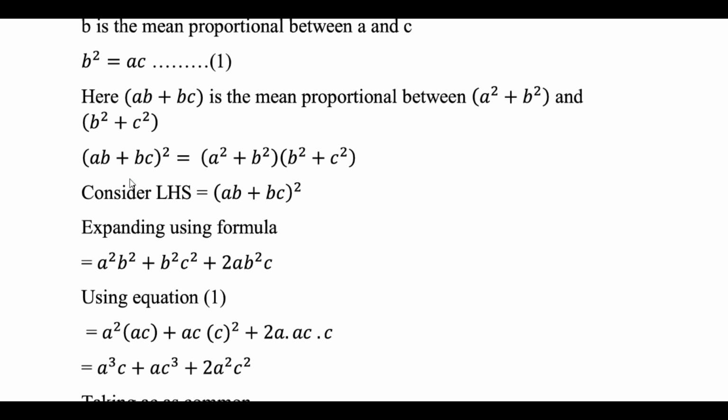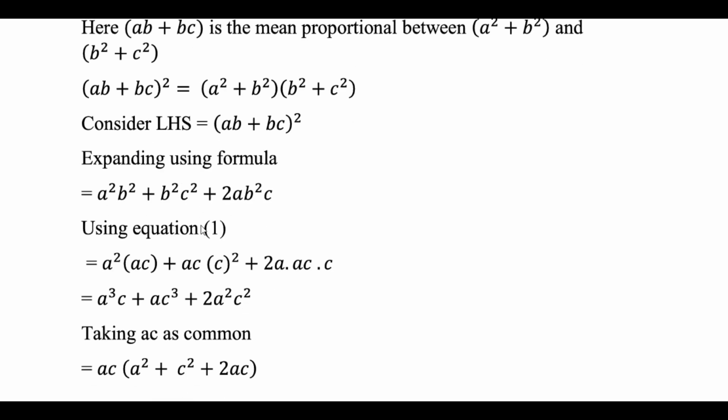Consider the left hand side, LHS is equal to (AB plus BC) square. So expanding by the formula (a plus b) whole square is a square plus 2ab plus b square, that is (AB) square plus 2 into AB into BC plus (BC) square.